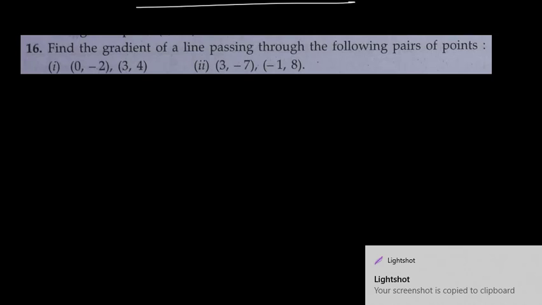15th problem done. Now the 16th problem is: find the gradient of the line passing through the following points. Gradient means slope, you have to find out. So gradient, we indicate this with m, is equal to, the formula is m equals y2 minus y1 upon x2 minus x1.